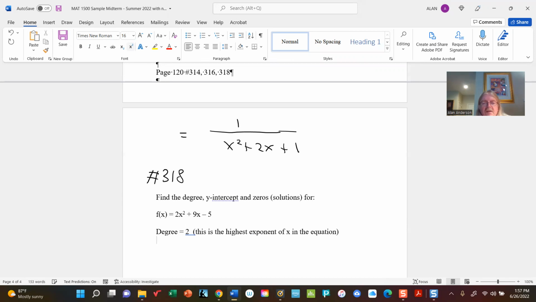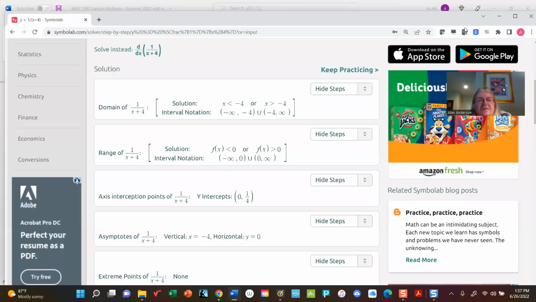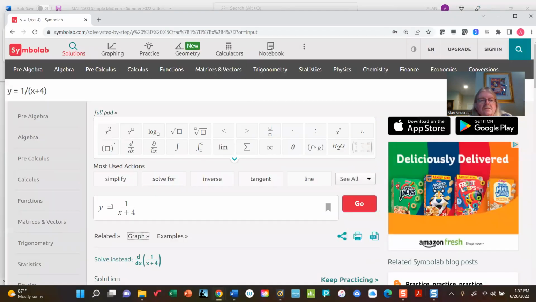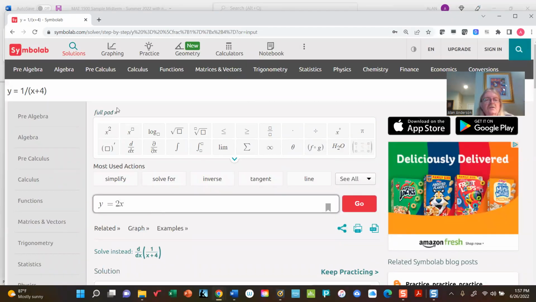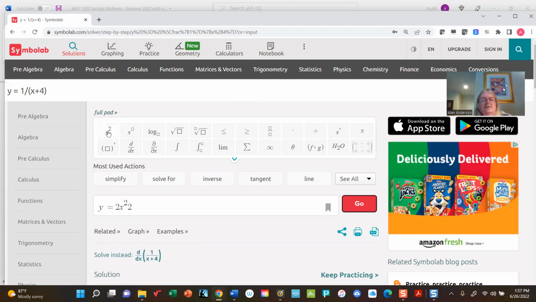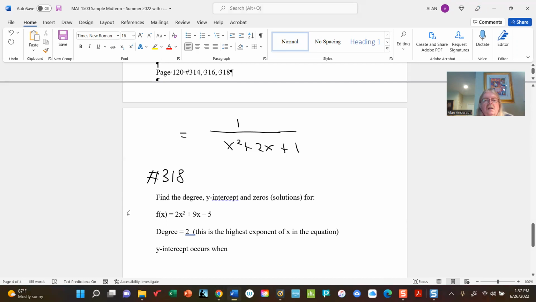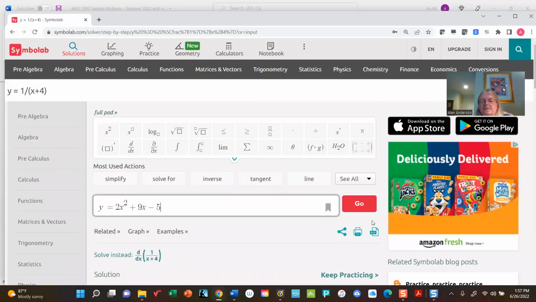So that's the degree. The y-intercept occurs. Remember what that means. The y-intercept, in fact, why don't we look at a picture real fast? 2x squared plus 9x minus 5, so we can visualize what it looks like.